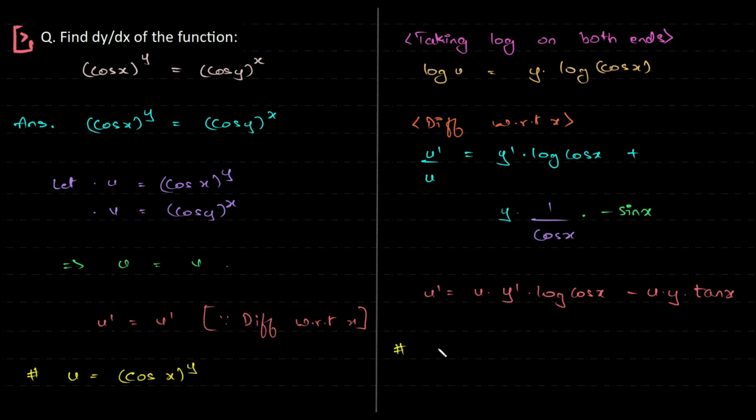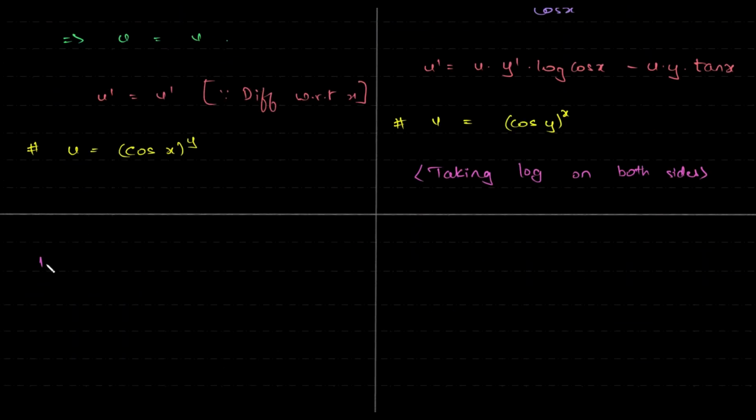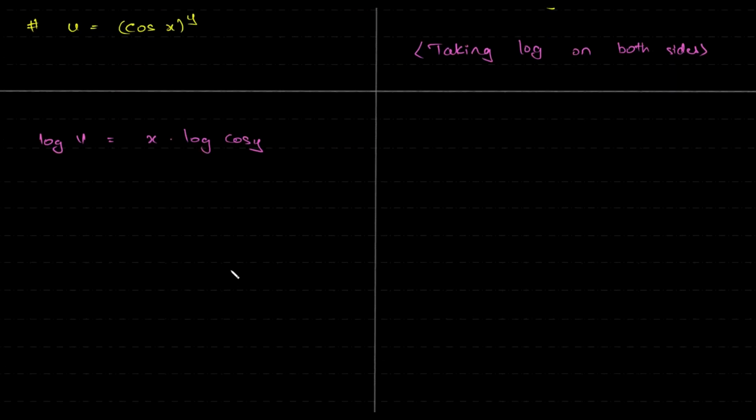Then we have v, which is equal to (cos of y) whole to the power of x. Now, if I take log on both the sides, I end up with log of v is equal to x times log of cos of y.